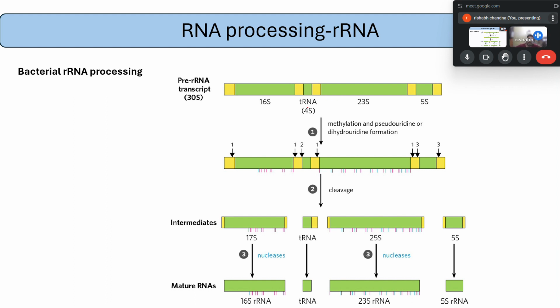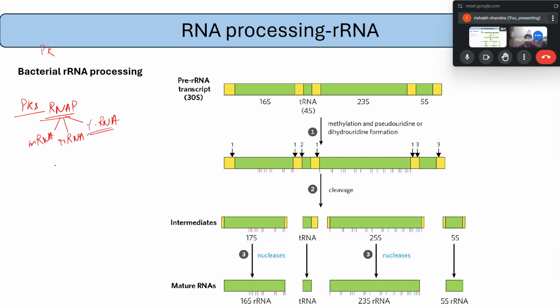Okay, so as in the case of prokaryotic rRNA, in case of prokaryotes, as we know, the prokaryotic RNA polymerase produces all kinds of RNAs, be it mRNA, rRNA, tRNA.